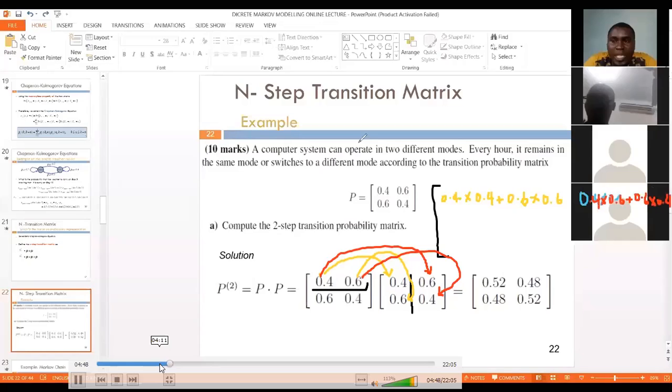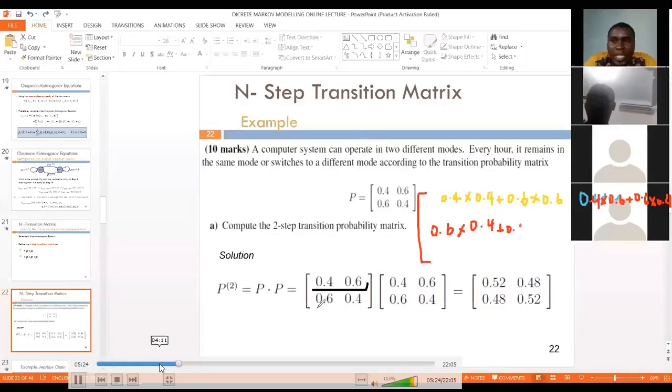Then for the next row, once you are done, you repeat the same thing for the next row, the same estimation. So that should be for the next estimation to be 0.6, okay, times 0.4 plus, okay, 0.4.